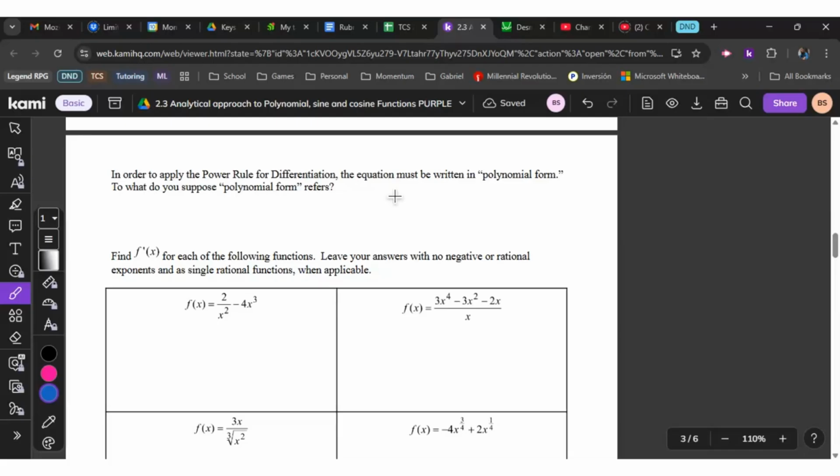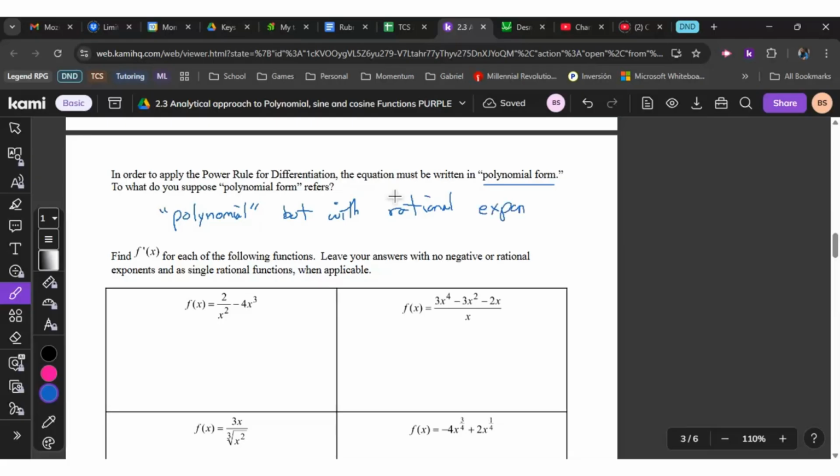In order to apply the power rule of differentiation, the equation must be written in polynomial form, and I just told you, what does that mean, polynomial form? Okay, good. So it means like a polynomial, but with rational exponents.